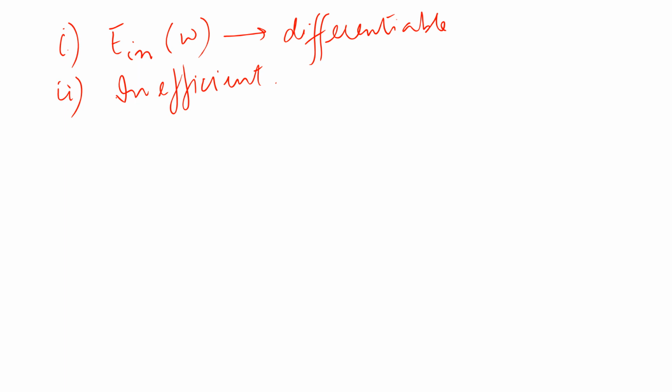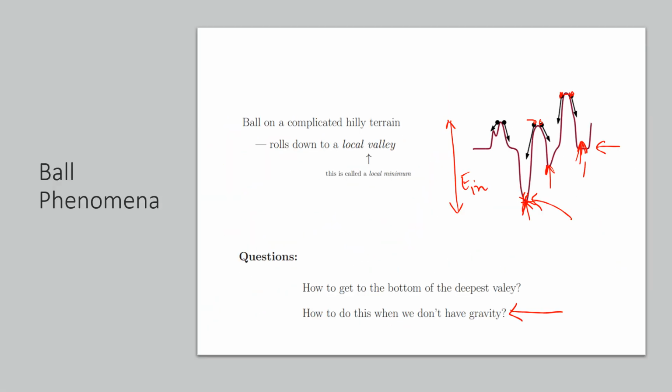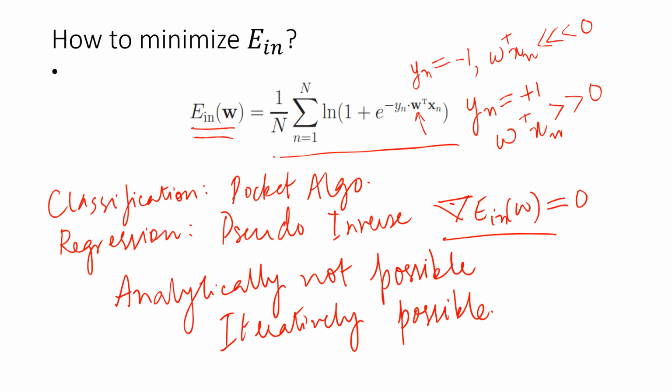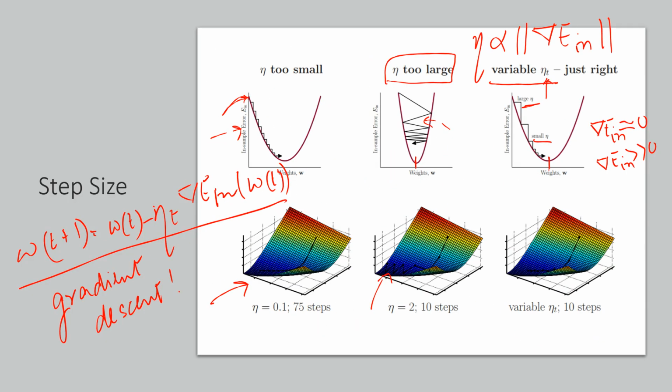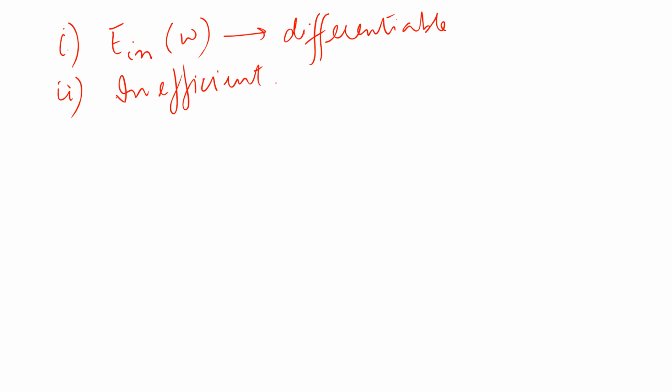Now think about the E_in equation. If we remember, there was that E_in here. If you think about the larger picture of gradient descent, in one iteration I'm trying to compute the gradient of E_in and also update my weights. These are the two things that I have to do.